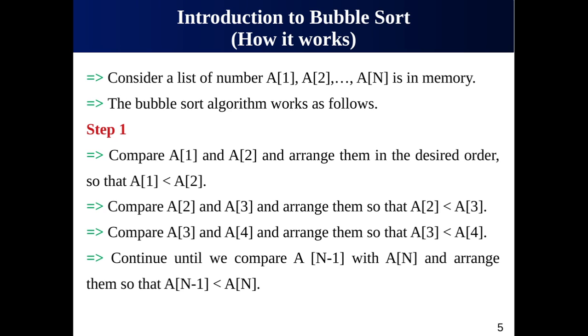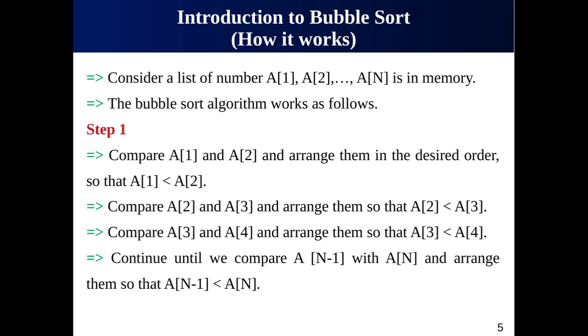Now how it works, let us consider step number 1. As I mentioned, the bubble sort algorithm starts working by comparing the first two elements. So element 1 is at a1 location, while element 2 is at a2 location.